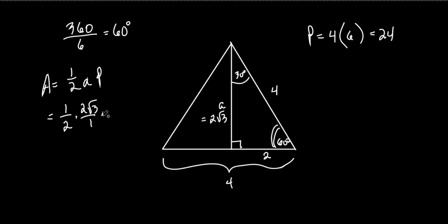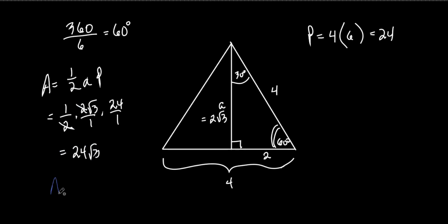All right, so let's put it into our formula. There's 1/2. There's the apothem. What's the perimeter of that whole entire hexagon? It's 24. So I put 24 right here. And we could do some work on this. I would do this. Watch. You see the 2 on the bottom? It cancels with the 2 on the top. So really, what is it? It's 24 times the square root of 3.